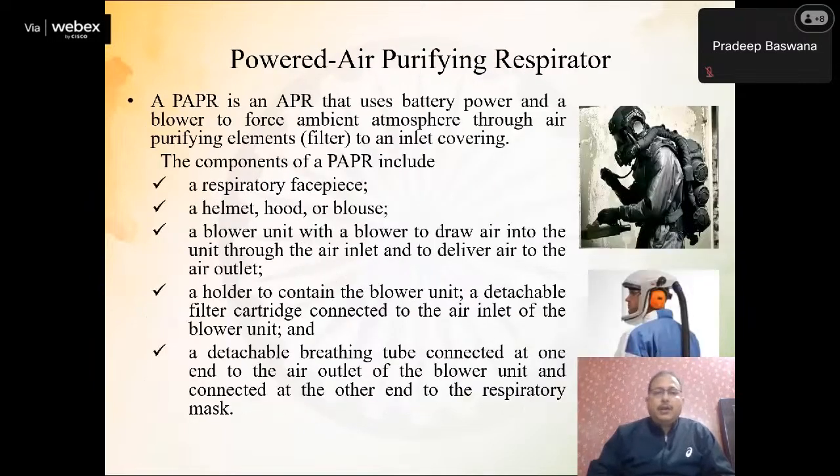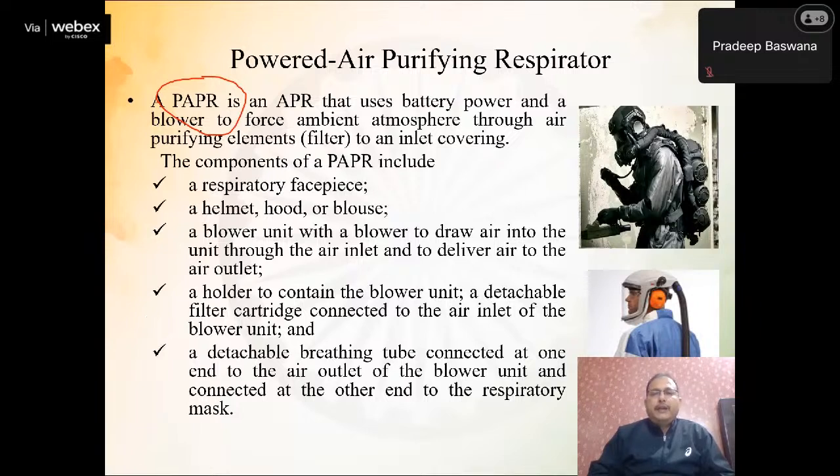Next is PAPR, or first we have studied APR. Now PAPR is powered air purifying respirator. Again, PAPR is an APR that uses battery power and a blower to force ambient atmosphere through air purifying elements or filter to an inlet covering.